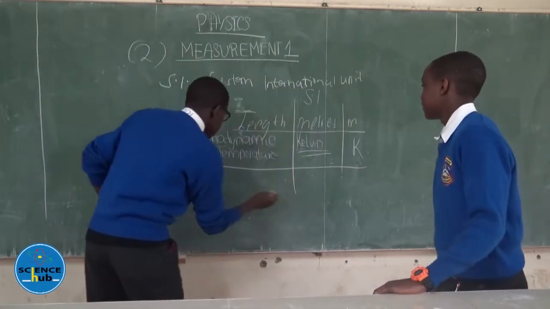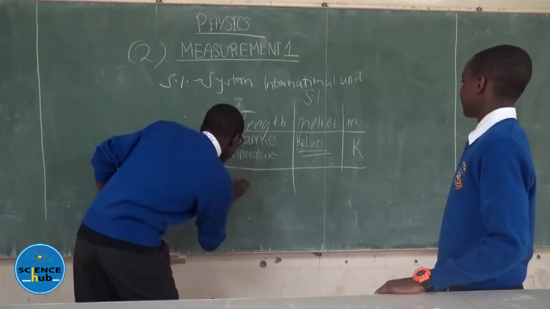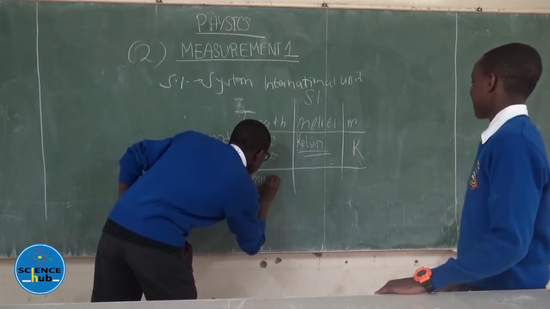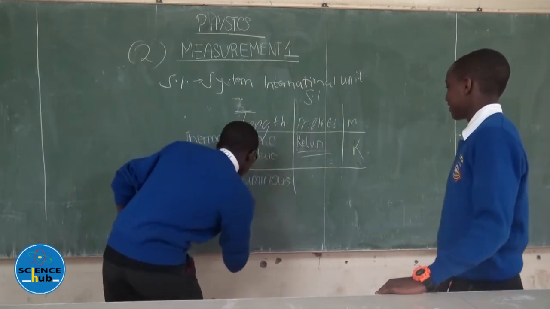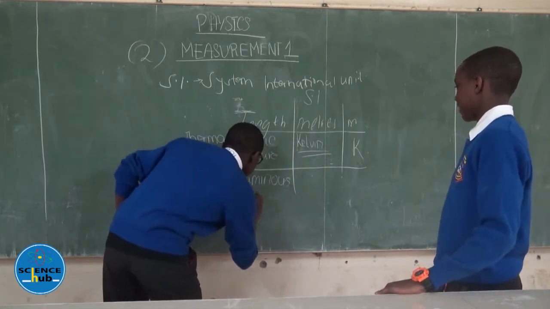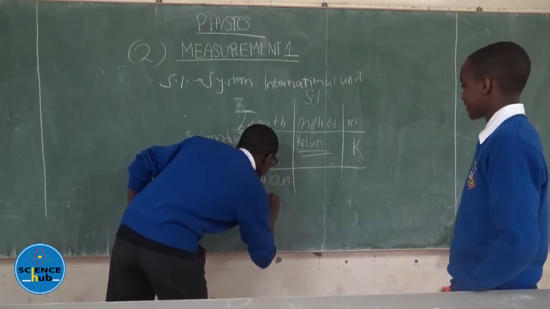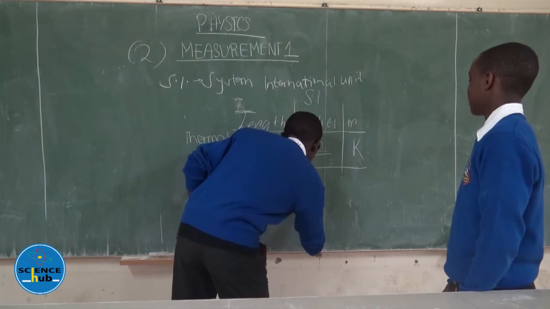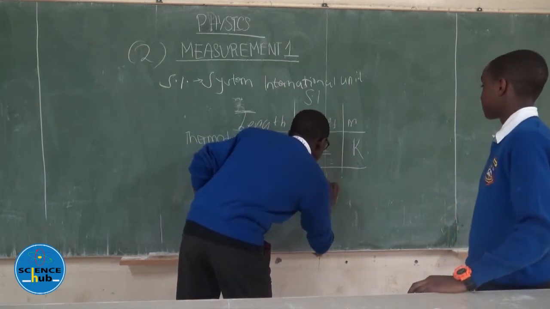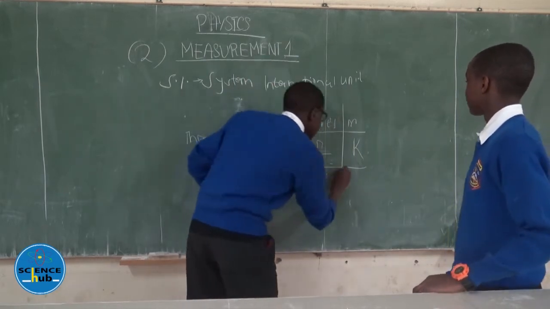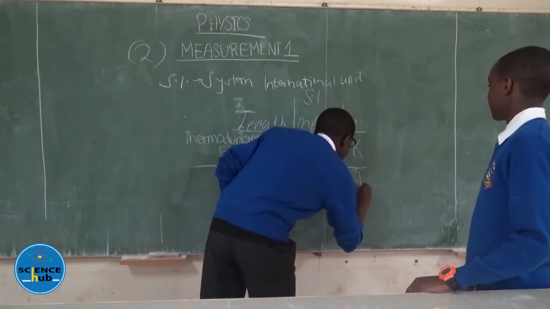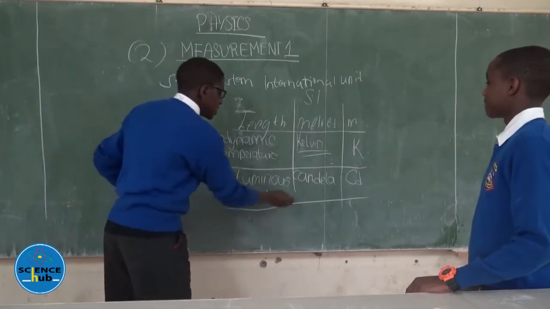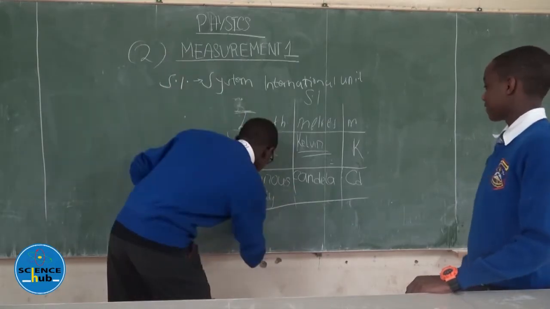Another quantity is luminous intensity. Its SI unit is candela, and its symbol is capital C D. Now, the other quantity is mass.